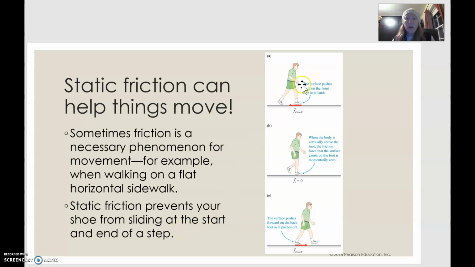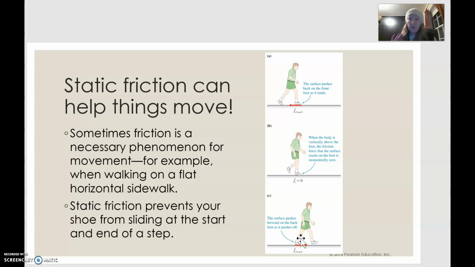Because when you put your front foot down, your front foot was in motion, and then you put it down on the ground, and the friction is going to stop that foot. And then you are going to push off of that foot.